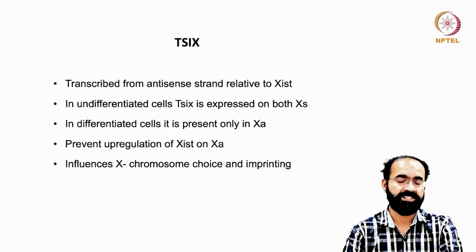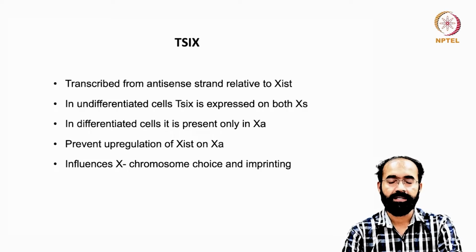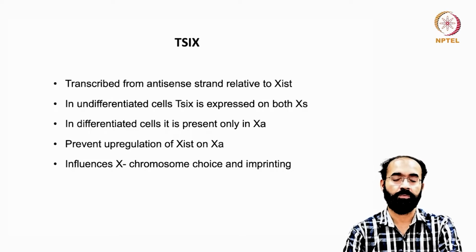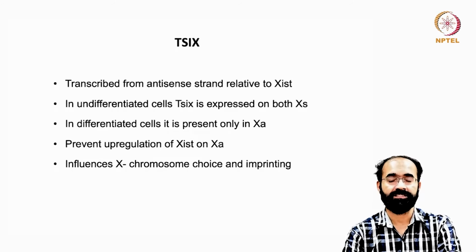Undifferentiated cell means it's not committed to become anything, so Tsix can be expressed from both. In differentiated cells, it is present only in the active X chromosome, that is written as Xa. So the active X chromosome must have strong expression of Tsix to counter even the leaky expression of Xist.